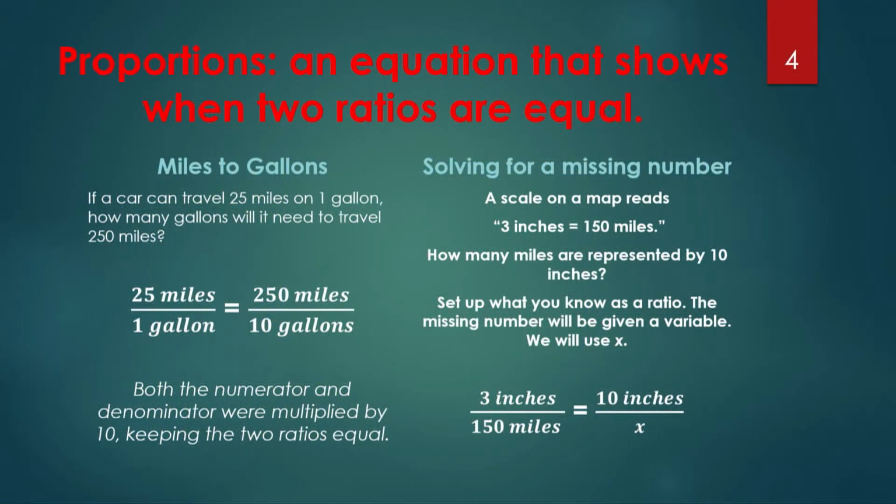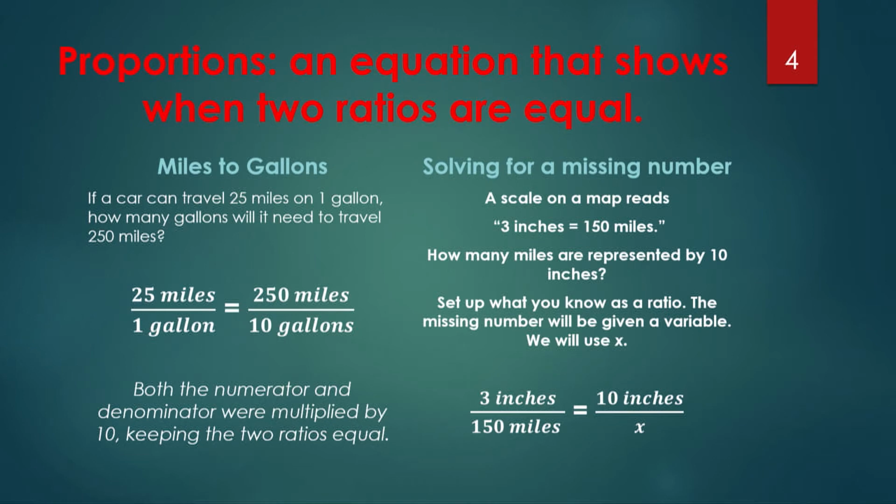Okay, our next example, we're talking about proportions. One example you'll see a lot, and you'll see it in this slide, is miles to gallons. If a car travels 25 miles on 1 gallon, how many gallons will it need to travel 250 miles?